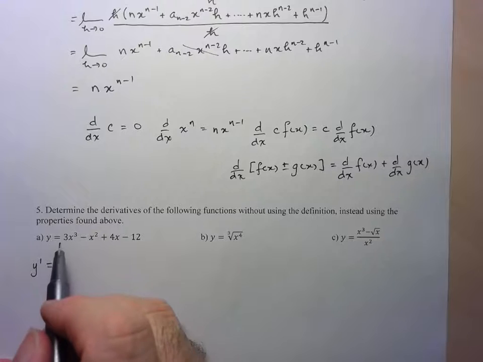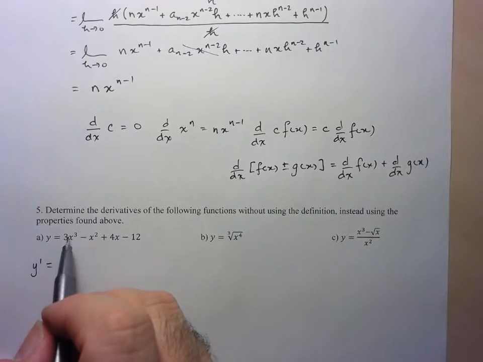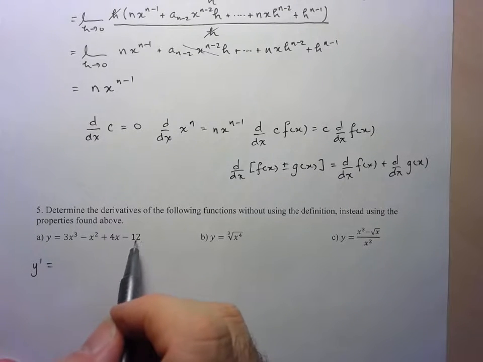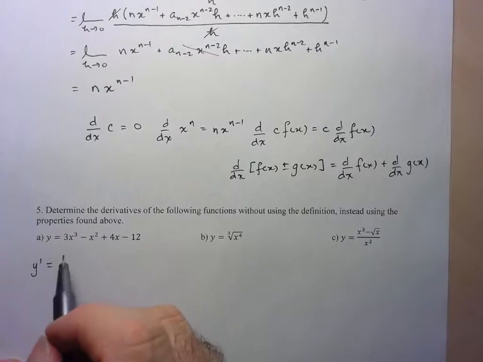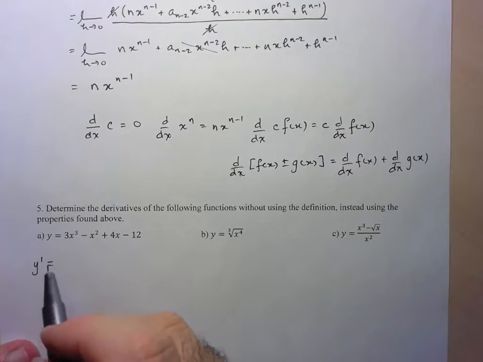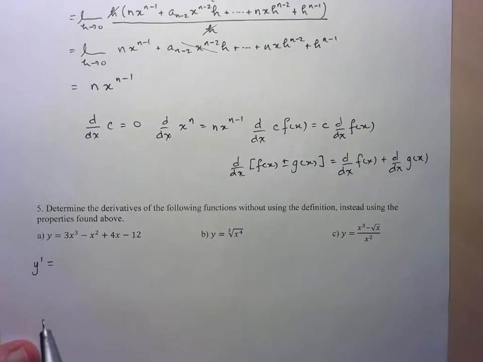We're going to be using this constant multiple rule for 3 times x cubed. And then we're going to be using the derivative constant rule here. However, it's not really necessary to write out all those steps. So the idea is to start getting used to doing this as much as possible in one step.